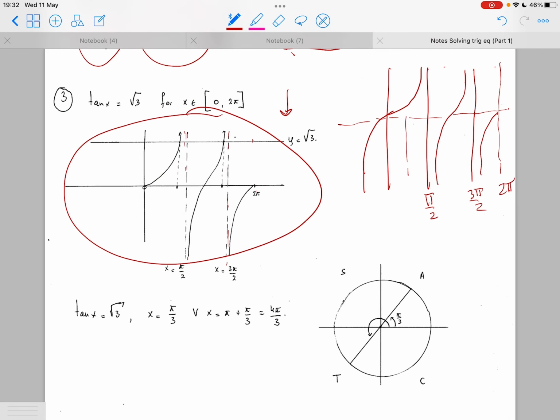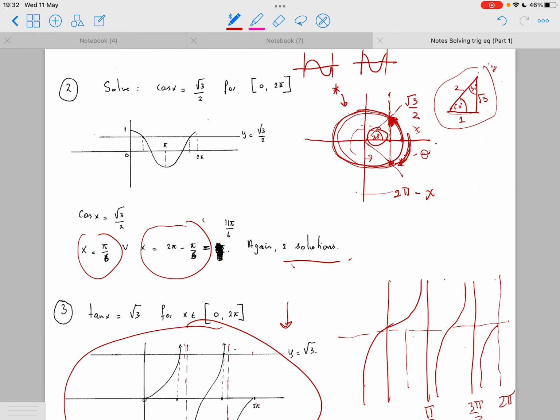Now for question 3, tan x equals square root 3, you also have to go back to the standard table, unit circle.